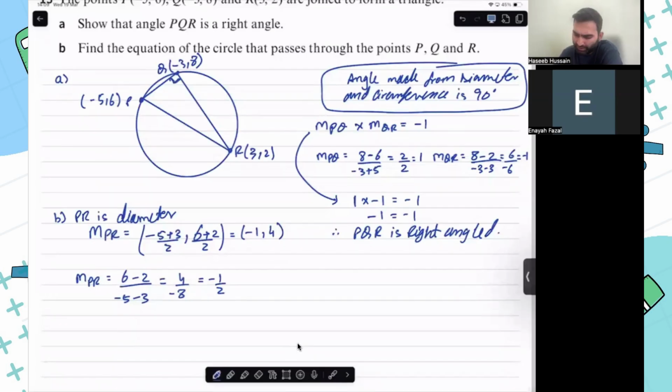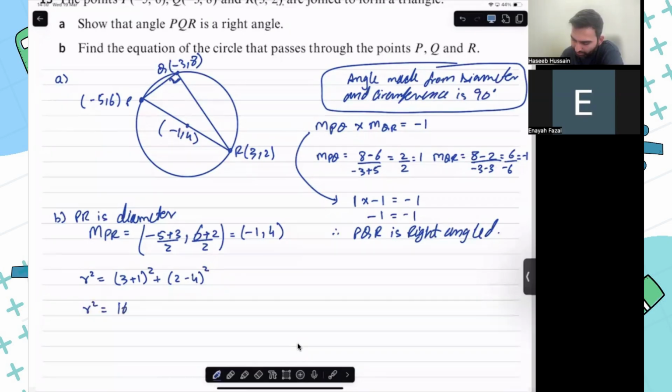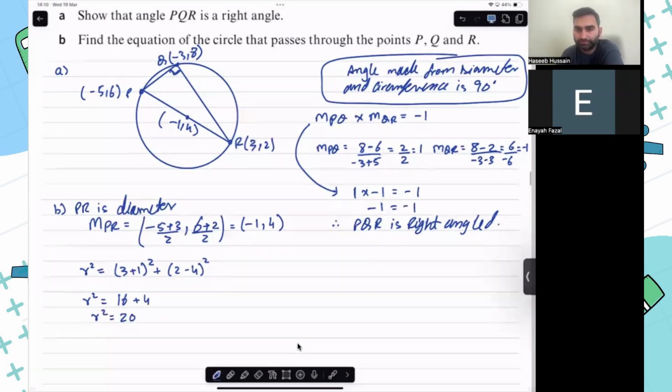Yes. But we don't need the gradient anyway. Why am I taking this? My midpoint is (-1, 4). My radius squared is the distance from the center (-1, 4) to (3, 2): (3 + 1)² + (2 - 4)², which is 16 plus 4, so r² is 20, right?